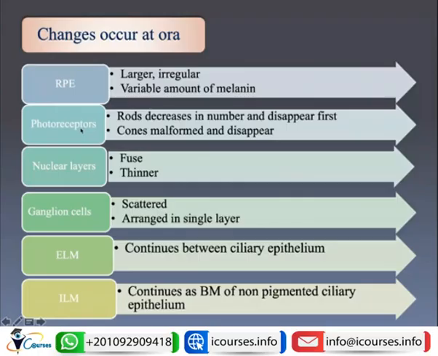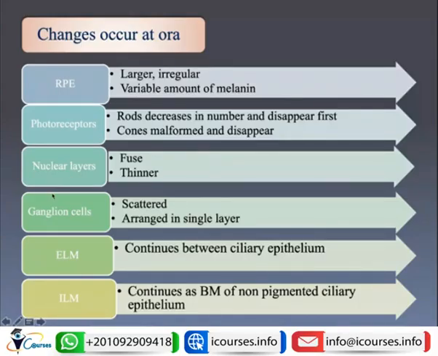For the photoreceptors, the rods are more evident in the peripheral retina than the cones, so although they are numerous, they start to decrease in number and disappear first, while the cones are no longer present. The cones don't reach the peripheral retina because they are responsible for central vision, daylight vision, and color vision, so they are present in the macula. You may just find some malformed cones, and they disappear rapidly.